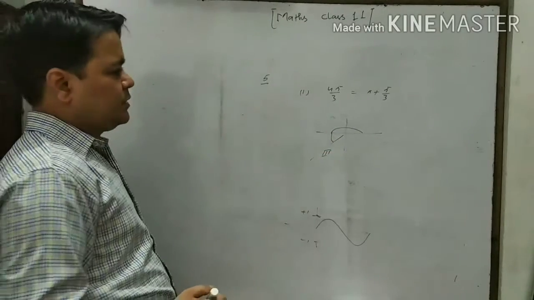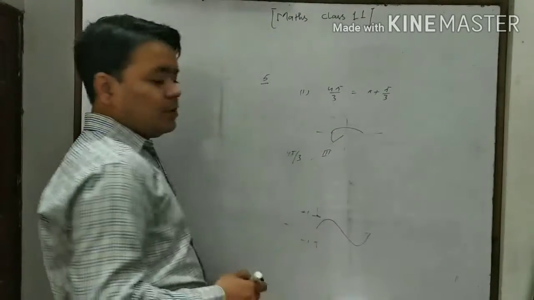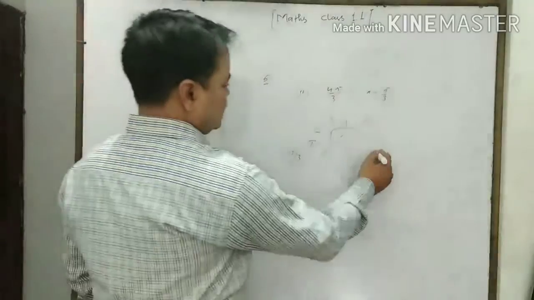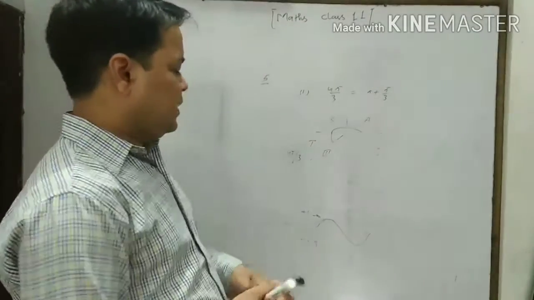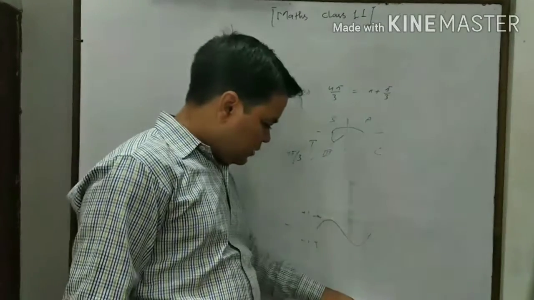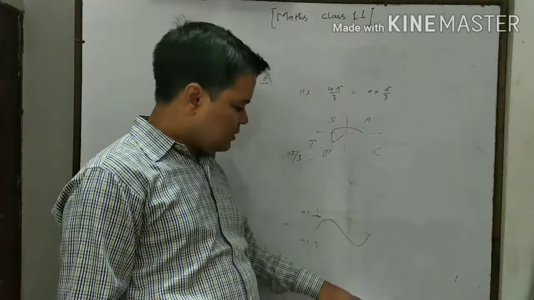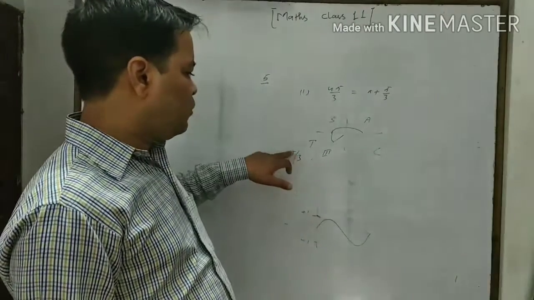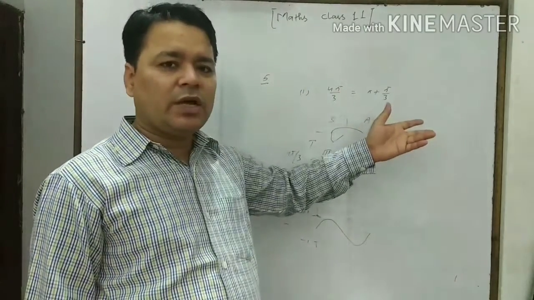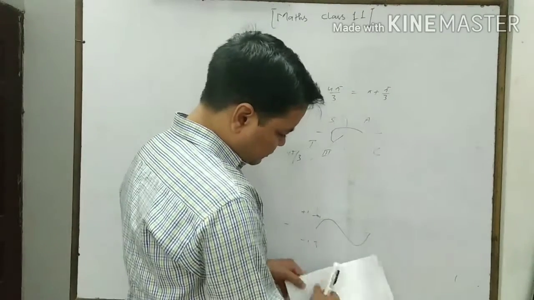In the third quadrant, ASTC: tan and cot are positive and others are negative. So for 4 pi by 3, tan and cot are positive and other trigonometric ratios are negative. Getting it? You can check the answer also.